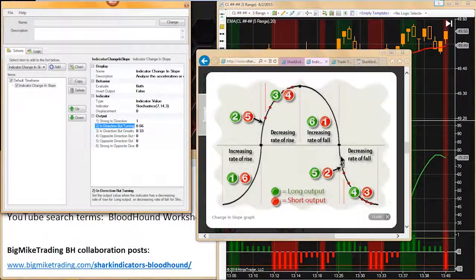So if we look at the short side, as the plot begins to flatten out here, it only refers to the first bar of that flattening out process. Then output number 3 relates to any bars after the first bar. So obviously the second, third, fourth, however many bars, that's what number 3 refers to.